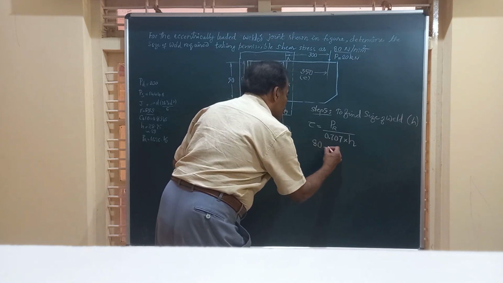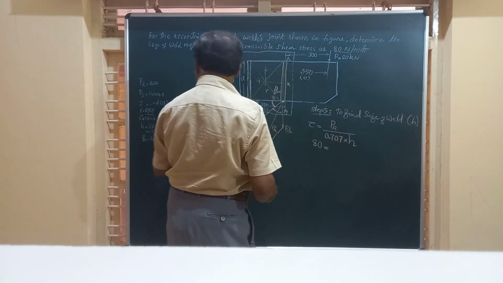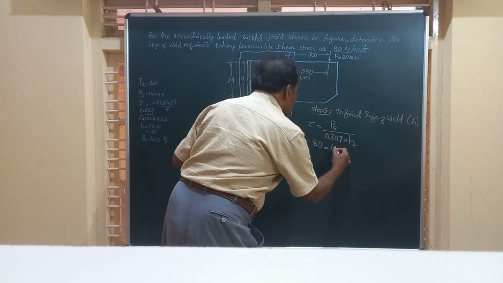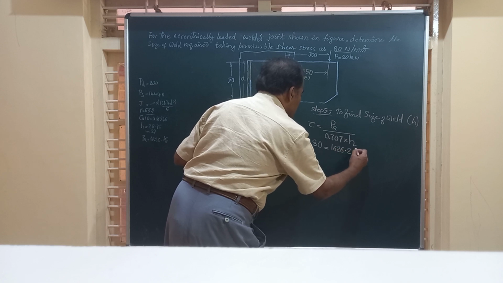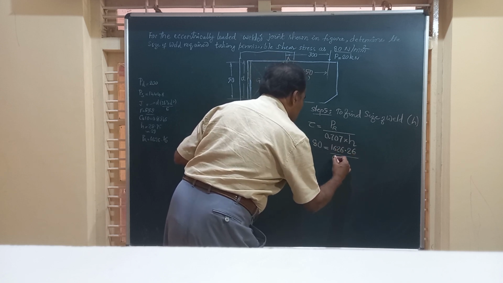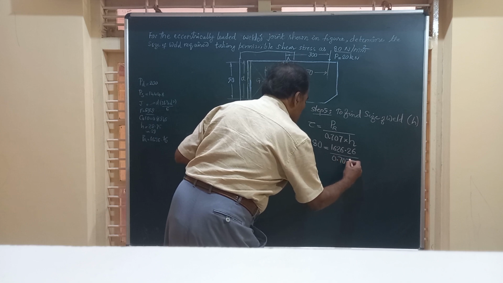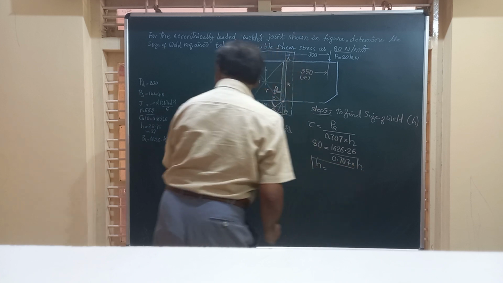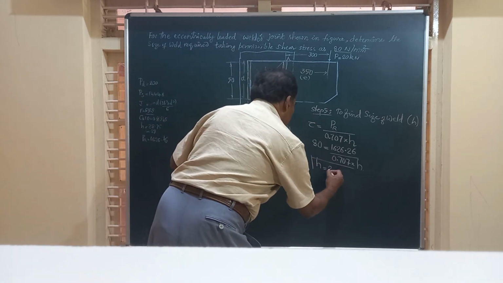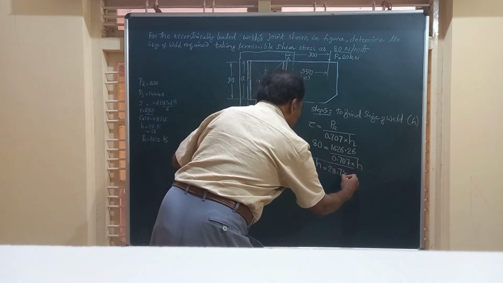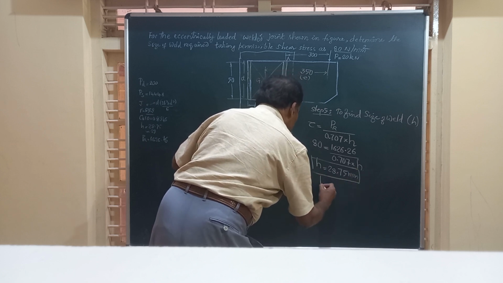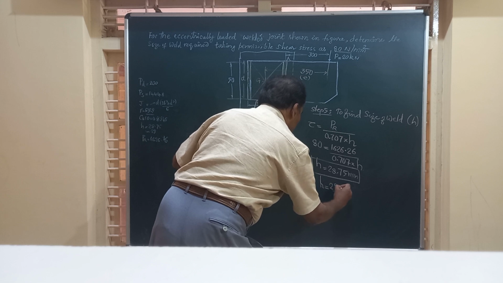I will make the substitution, and this PR, we have found out the value as 1626.26, divided by 0.707 into h, where h is unknown. So friends, if you simplify, you will get the value of h as 28.75 mm, and we can round it off to h equal to 29 millimeter.